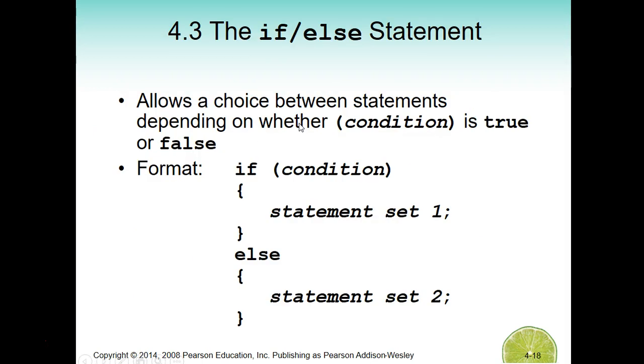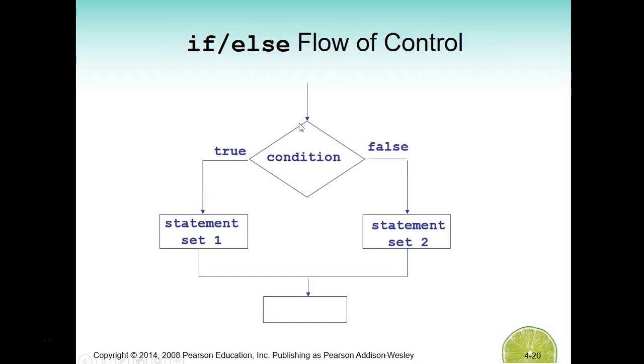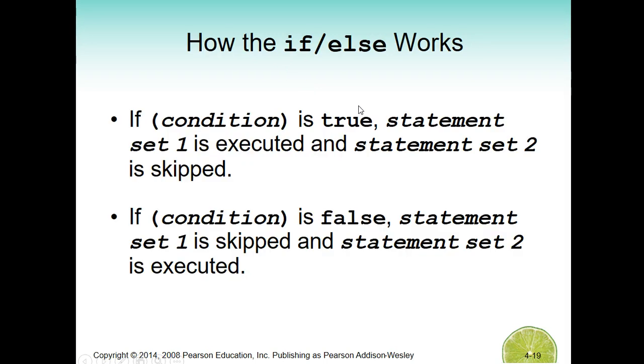An if-else statement is a dual selection statement, and what that means is it has two branches. We perform one action if it's true, and another action if it's false. We often need to do this. If the condition is true, we do everything in the first set. If the condition is false, we do everything in the second set.